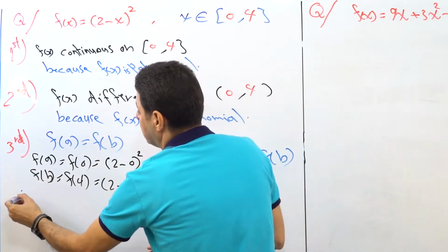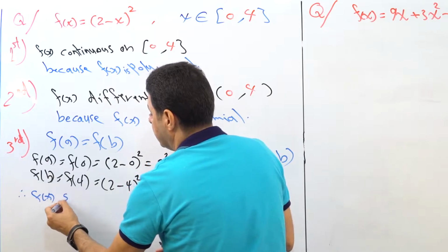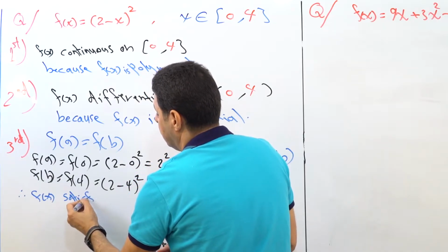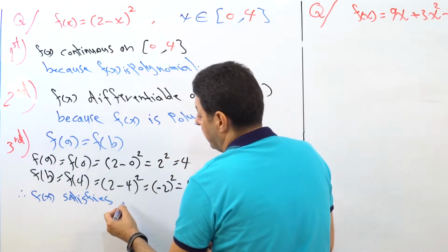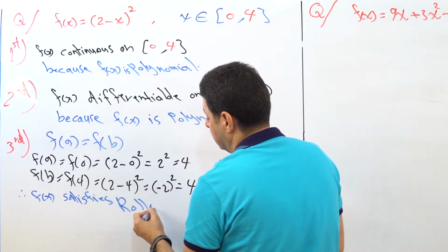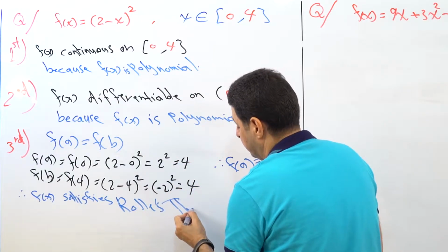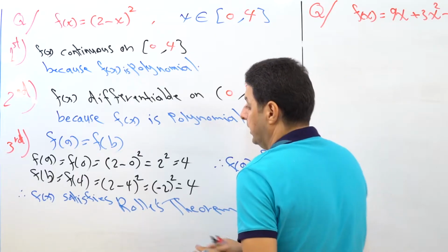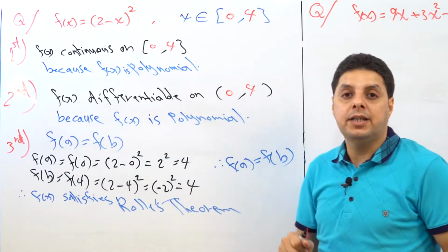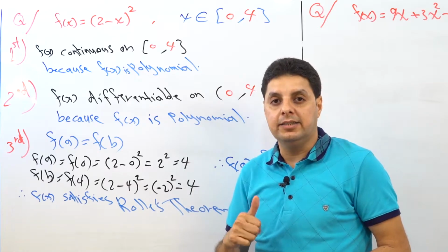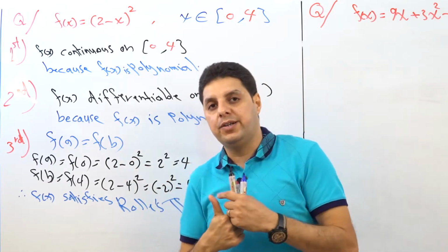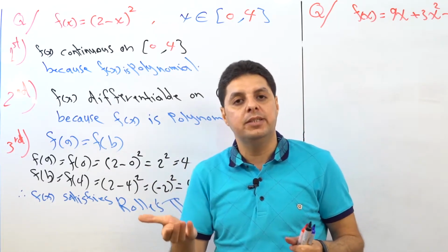Then the function f of x satisfies Rolle's theorem, because the three conditions are satisfied. First condition: continuous on the closed interval.